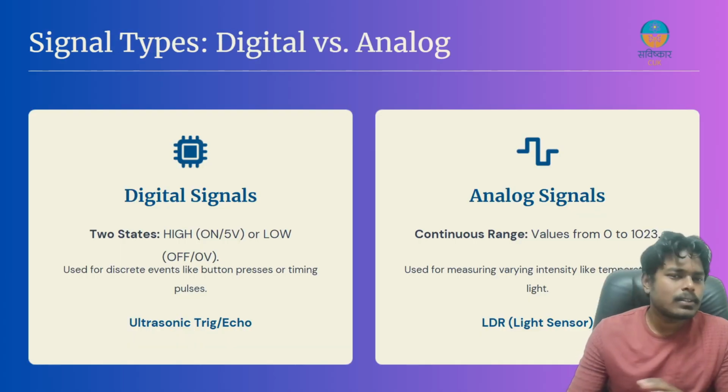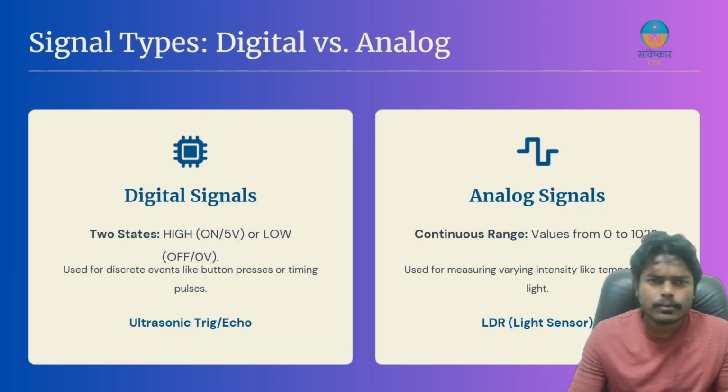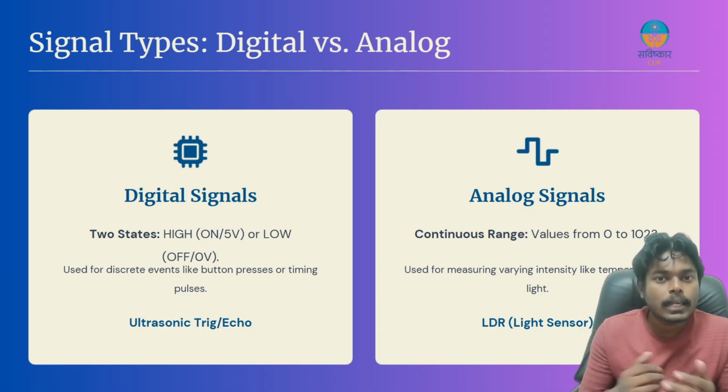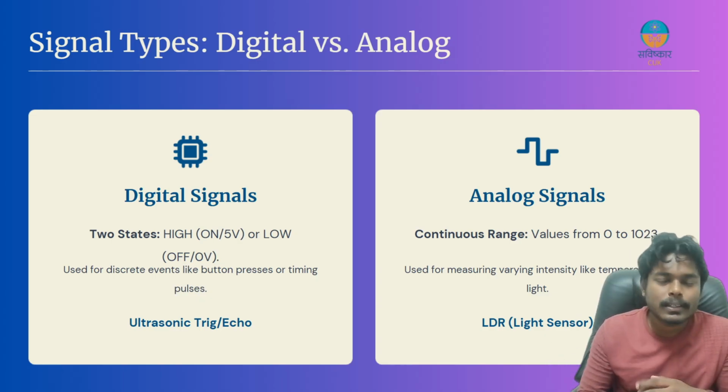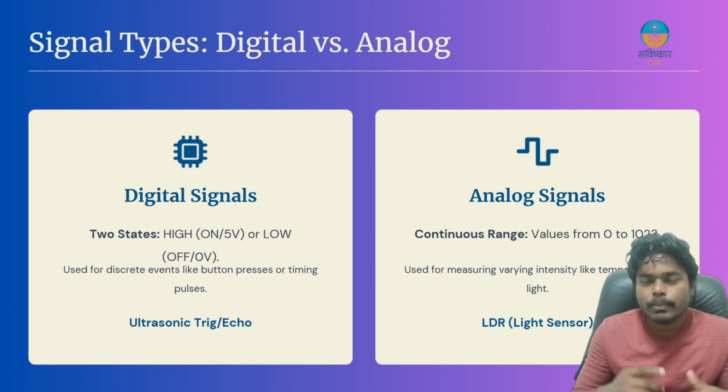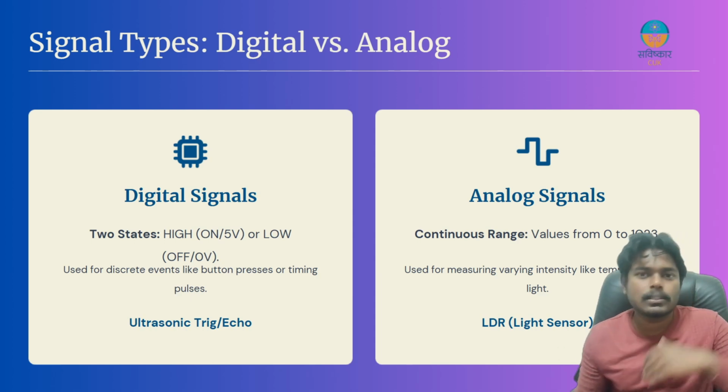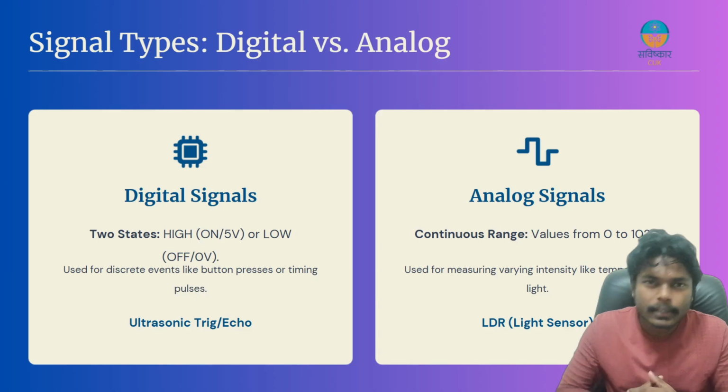Yeah. So as we know, we have two types of signal. One is digital, one is analog. So digital signals are discrete signals, which have two states, high and low. Right. On the other hand, an analog signal is a continuous signal. Okay. So if you plot it in a graph, it will be continuous with respect to the x, y axis. Okay.